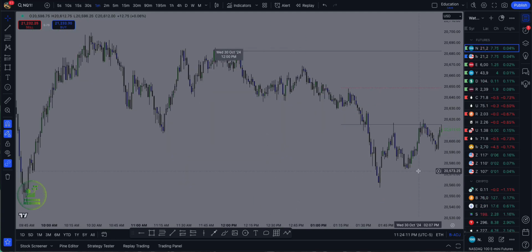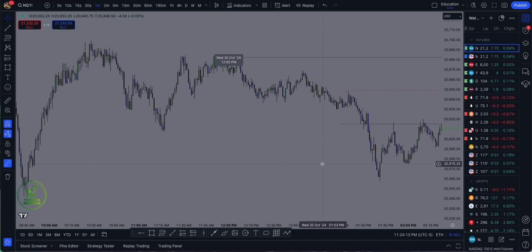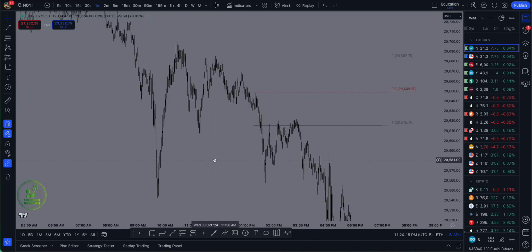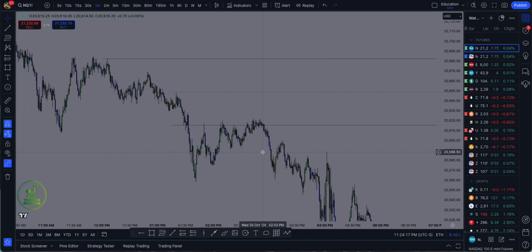Wednesday was a break and retest, right? So we formed the high, then we came down here, we formed the low, we broke out, and we never were really able to get back into range right here, right? We stayed right here, bouncing off the lunch low, bouncing off the lunch low, bouncing off the lunch low.